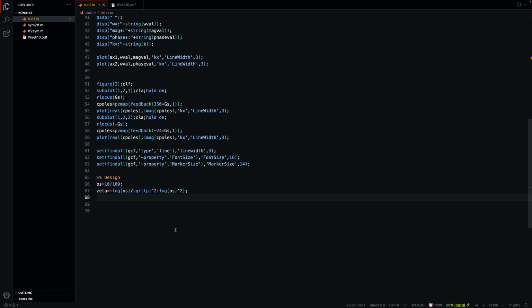But then again, we need something called phi m, which I'm going to explain in a moment. I'm going to use a 10d, and it's going to be 2 times zeta divided by the square root of -2 times zeta squared plus square root of 1 plus 4 times zeta to the power of 4.